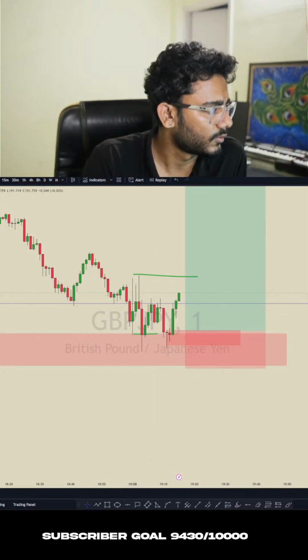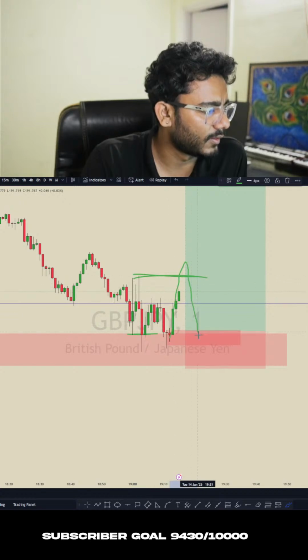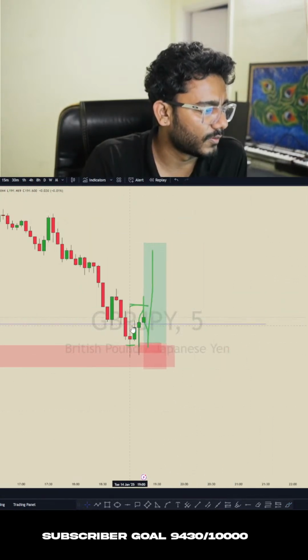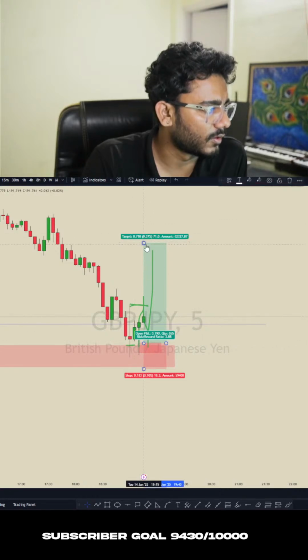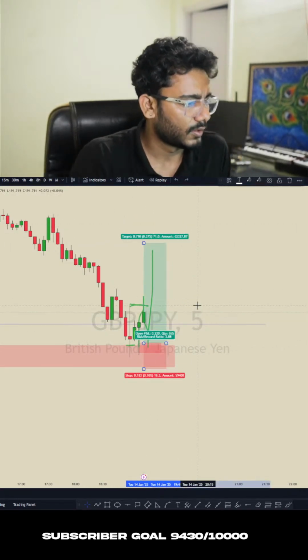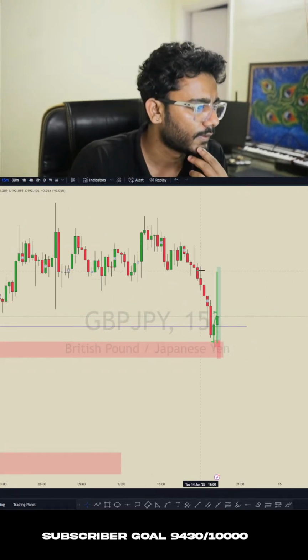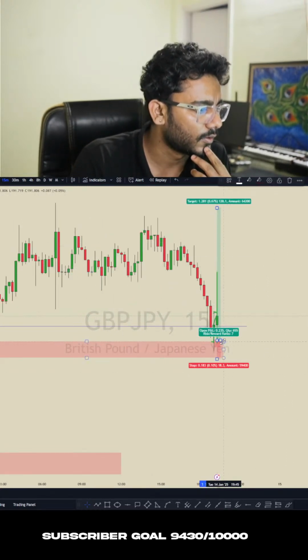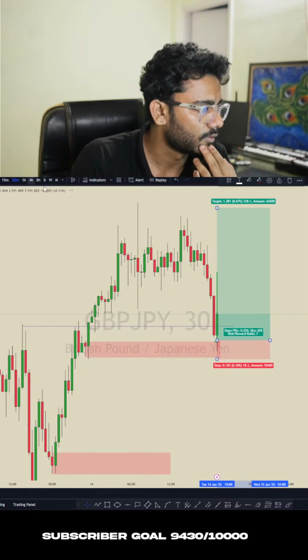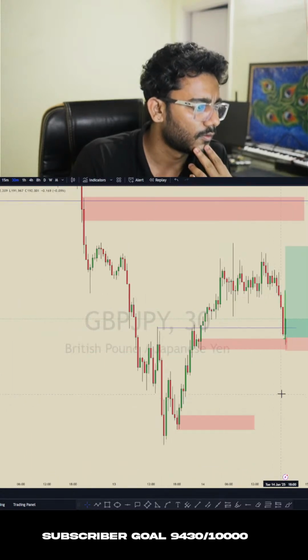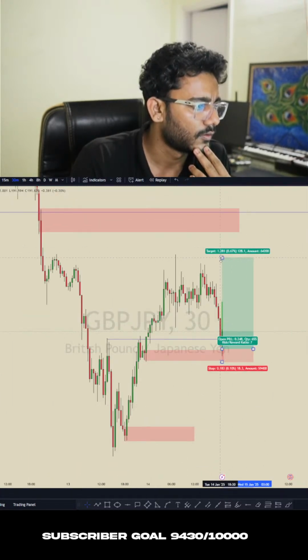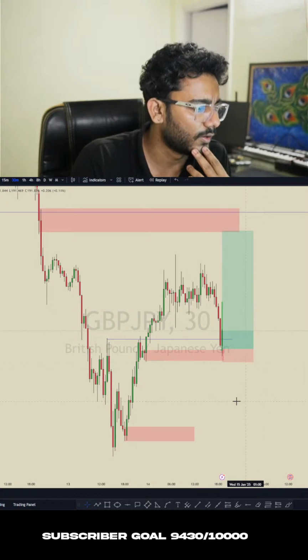Wait for price to break this high, and then continuation can happen. So price can continue to the upside. So this will be the order block, and the next high will be our take profit. And yeah, it's around 1 to 9 RR.